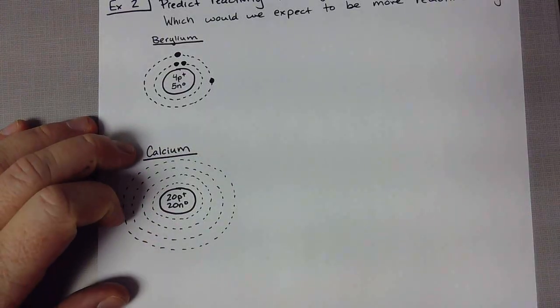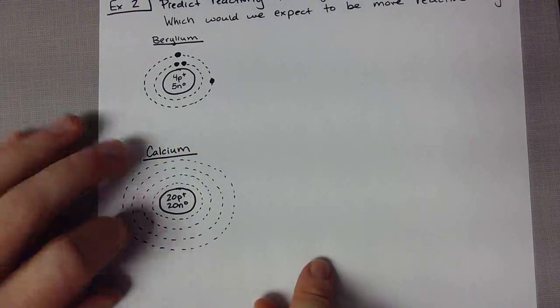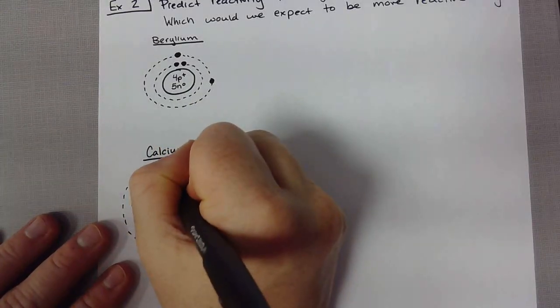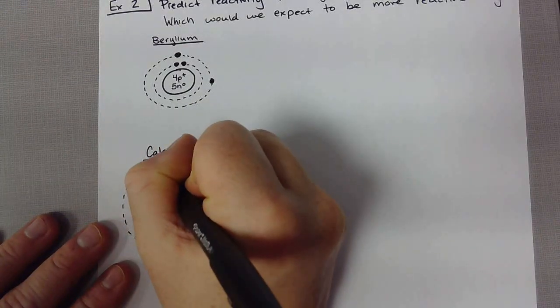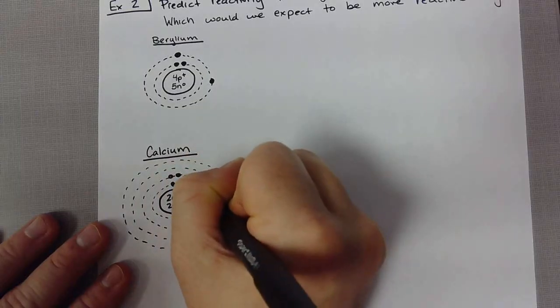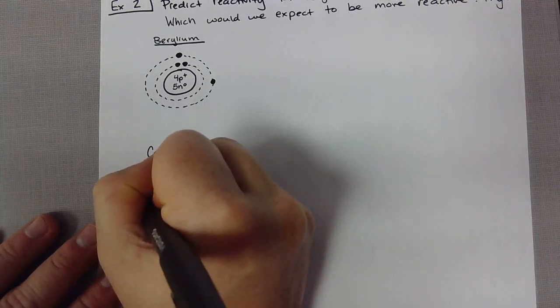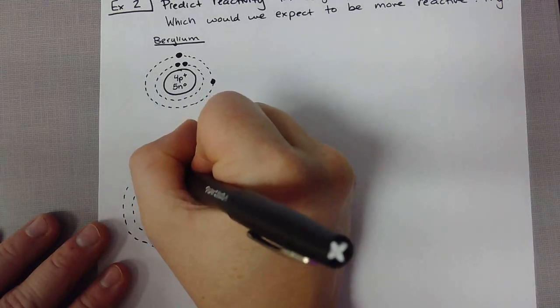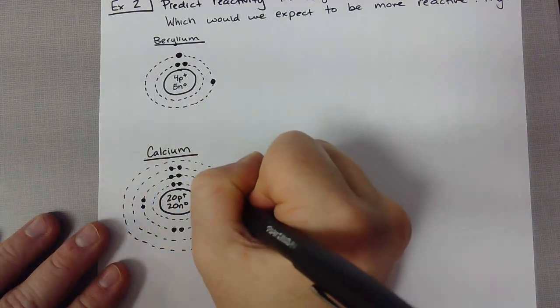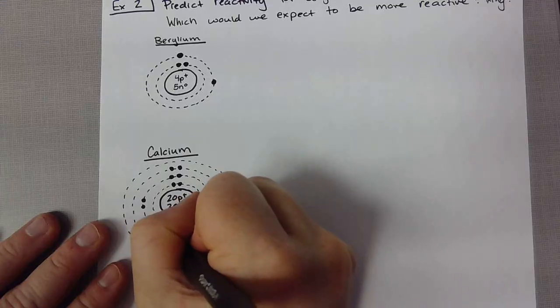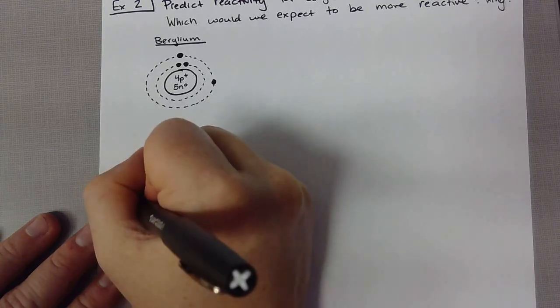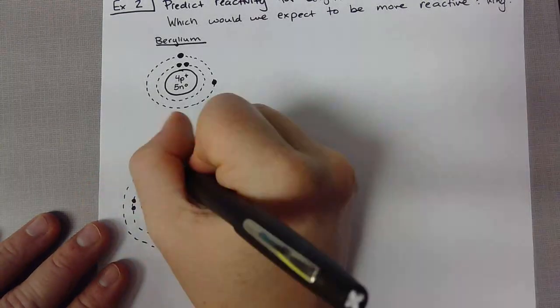And instead of placing 4 little electrons, I've got to place 20. 2 in the first ring, 8 in the second ring, 8 in the third ring. And then 2 in that fourth ring.